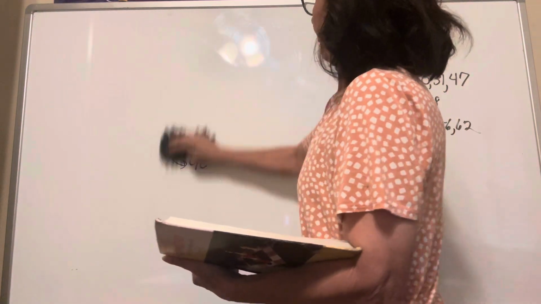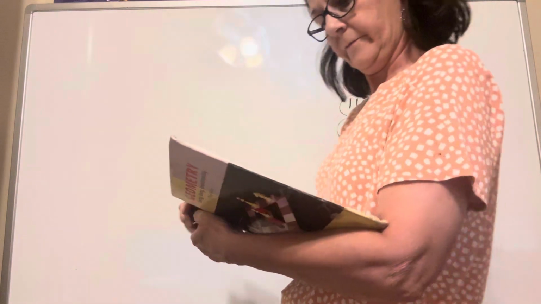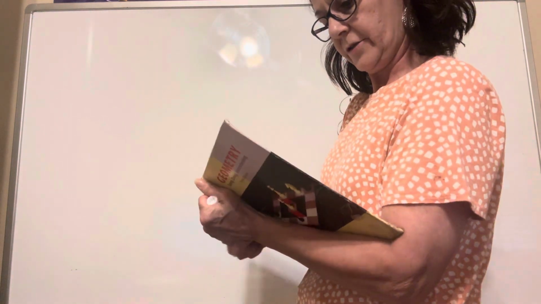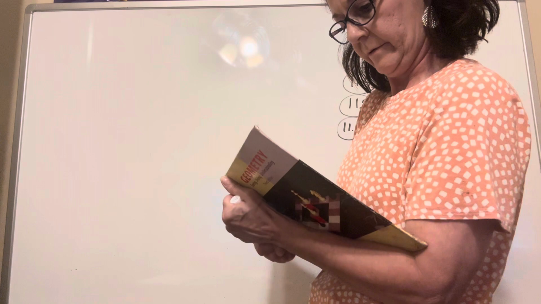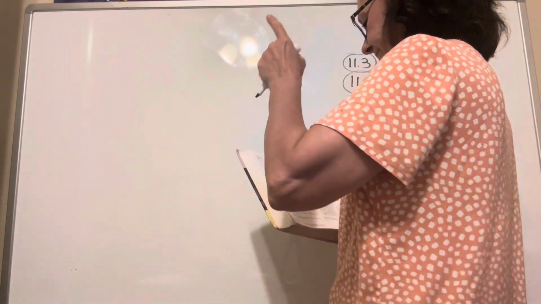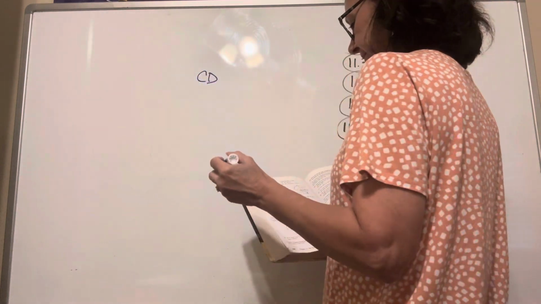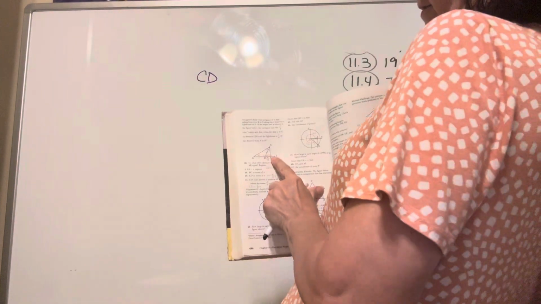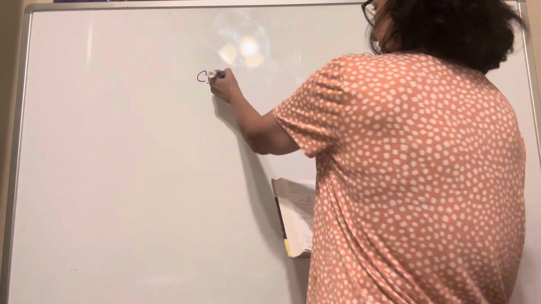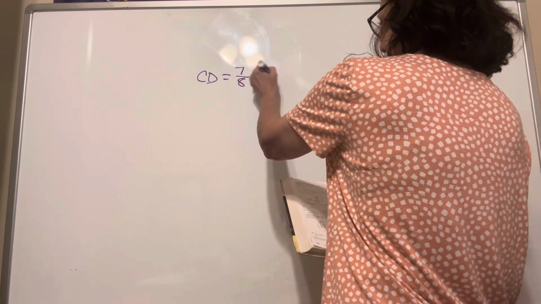All right, 41 says, use your answer in 40 to explain the 7/8 rule. It says that the distance CD, that's the distance right there, CD, is 7/8 of the distance AB.